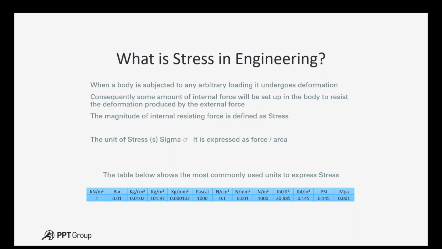We've got pounds per square inch there as well. One of the interesting ones for us is the megapascal, which is also a direct equivalent to newtons per millimeter squared. So if we know the cross-sectional area of our sample and we're pulling a force on it and measuring in newtons, we can obviously work out our stress.